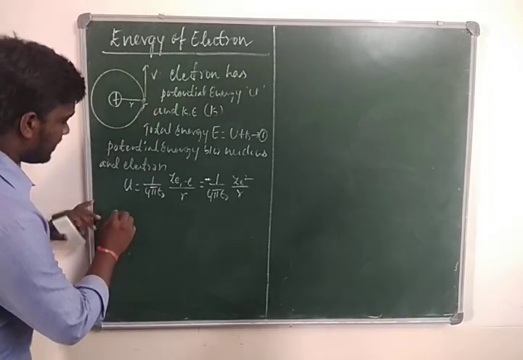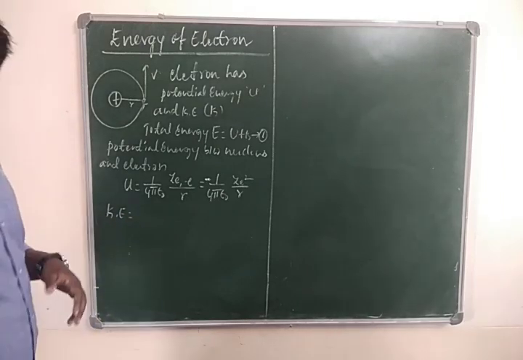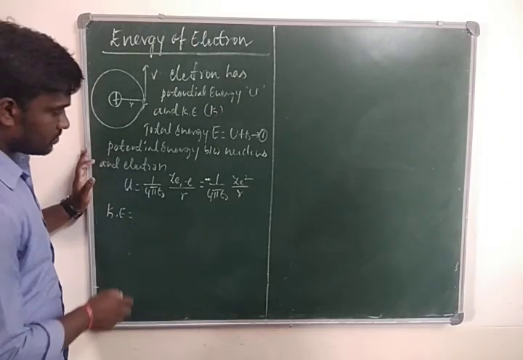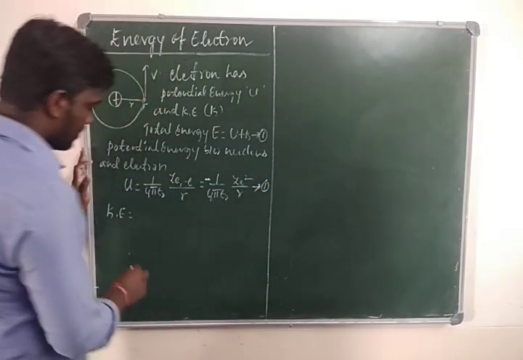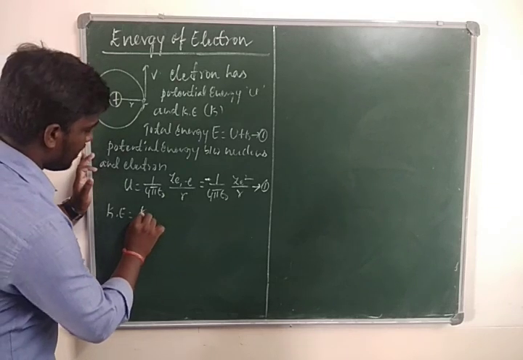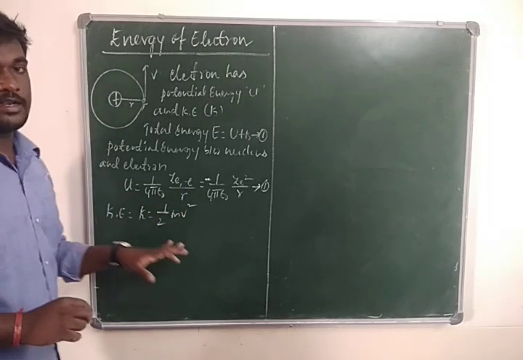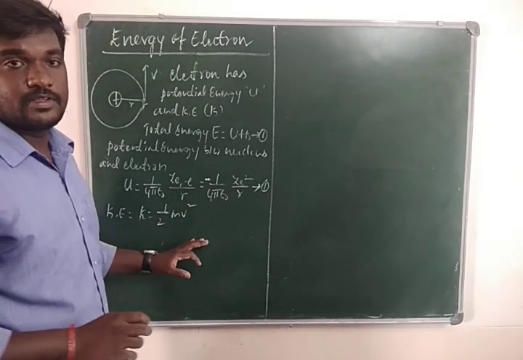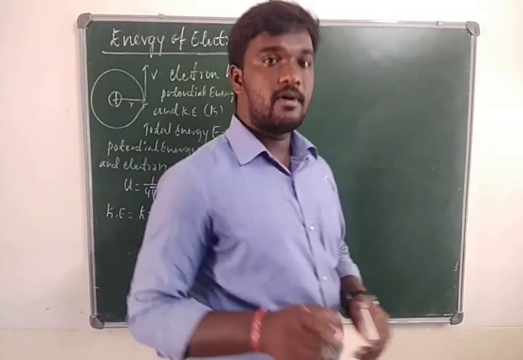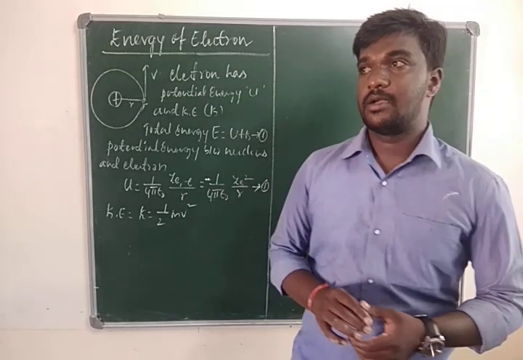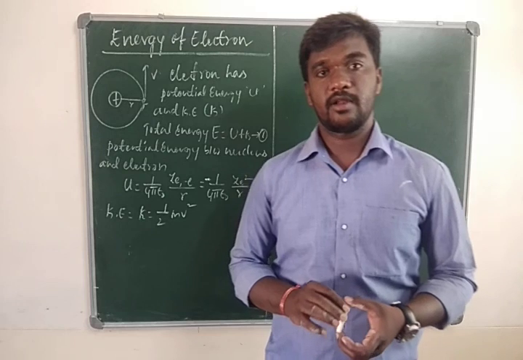Next, kinetic energy. We call the total energy equation 1. Kinetic energy K equals half mv square, the known expression for kinetic energy. Already I told you, when the electron is revolving around the nucleus, the centripetal force is provided by the Coulomb electrostatic force of attraction.